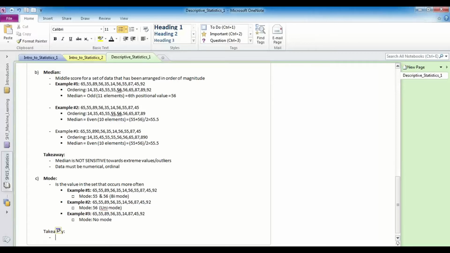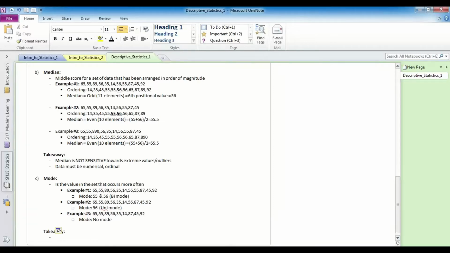It is also not sensitive towards extreme values. Very good. It is not sensitive towards extreme values because getting a repetition of an extreme value is very, very rare. The moment we say anomaly, it is a one-of-a-kind case, so you cannot expect an anomaly to be repeated many times. So even the mode is not sensitive towards outliers or extreme values.